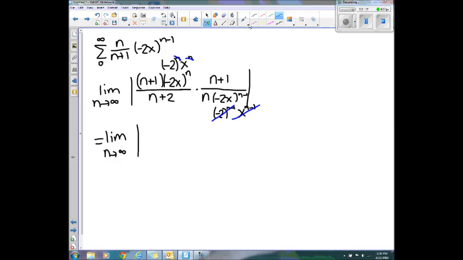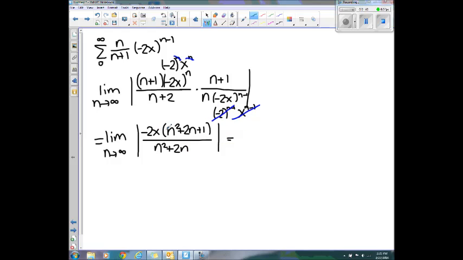So what I have in here, I'm going to have a negative 2, and I'm going to have an x, and then I'm going to have my n plus 1 and n plus 1, n squared plus 2n plus 1. On the bottom, I'm just going to have my n and my n squared plus 2n.